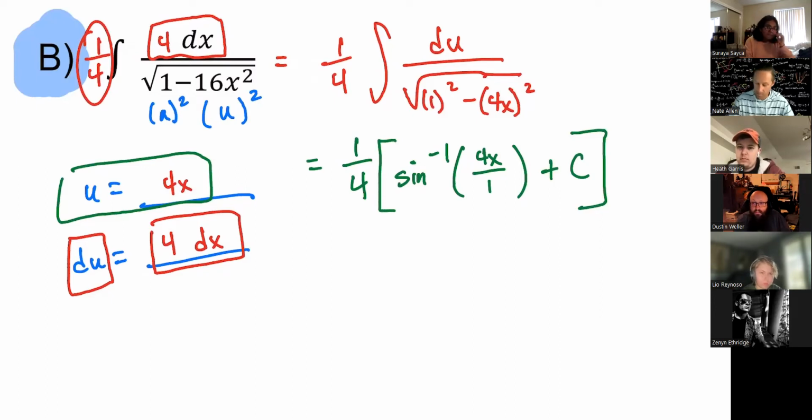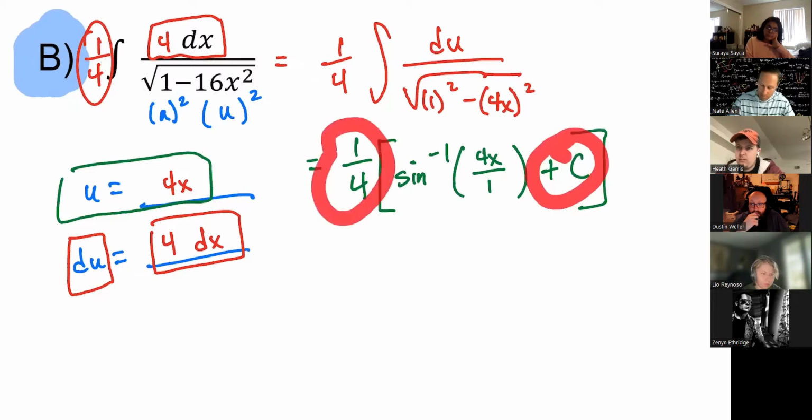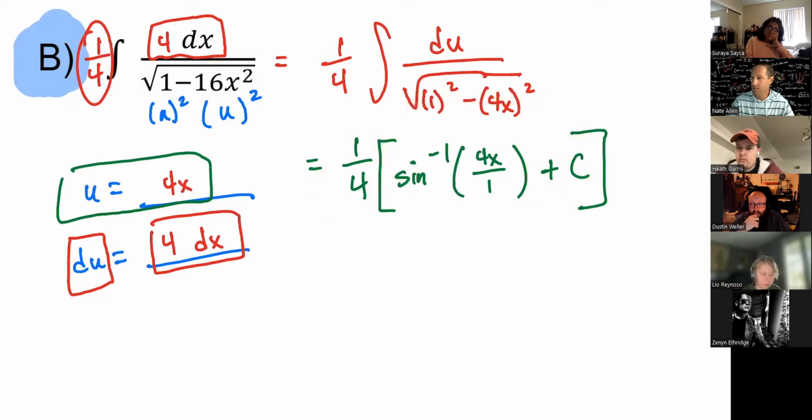And what happens when you take that constant and multiply it by 1/4? What is it still going to be? Any constant. So therefore, what are we just going to leave it as? Yes, C. We will leave it as a big plus C.